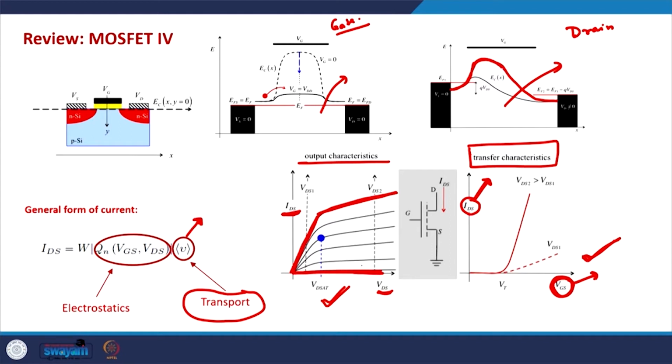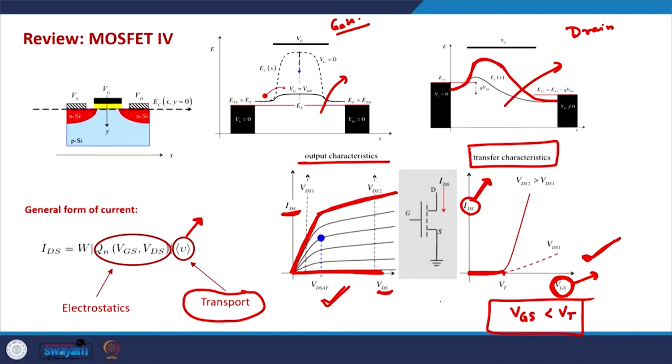The sub-threshold regime is also there in the transfer characteristics, and this is the relationship between IDS and VGS when VGS is less than the threshold voltage. That is why it is known as the sub-threshold regime, and the current characteristics in this regime are known as the sub-threshold characteristics.